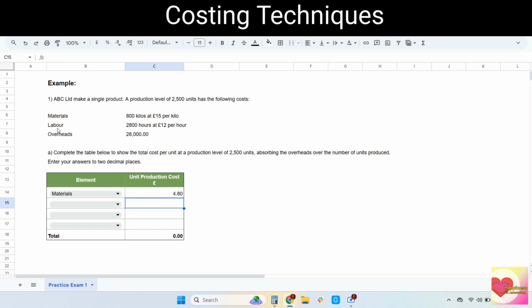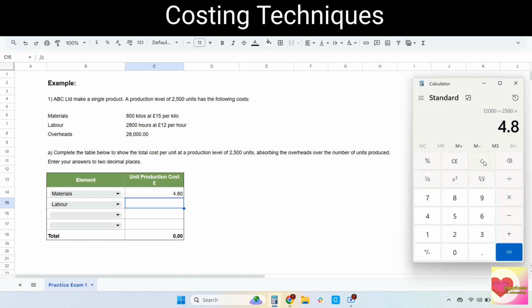Next, let's choose the second cost here, which is labor. Let's get the total cost first. It took 2,800 hours to produce 2,500 units. So let's multiply it by the rate per hour, which is 12 pounds.